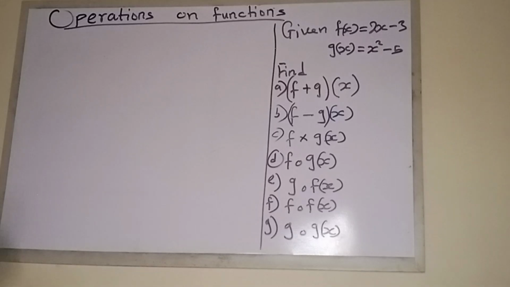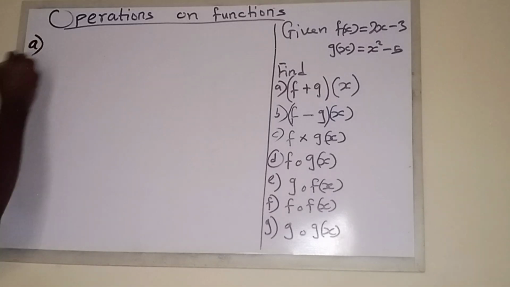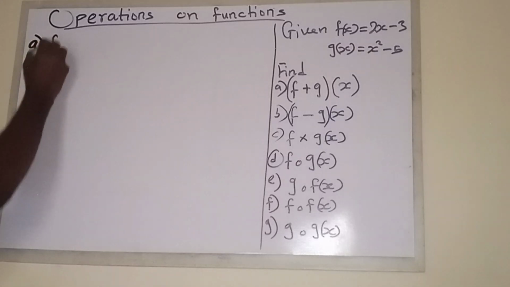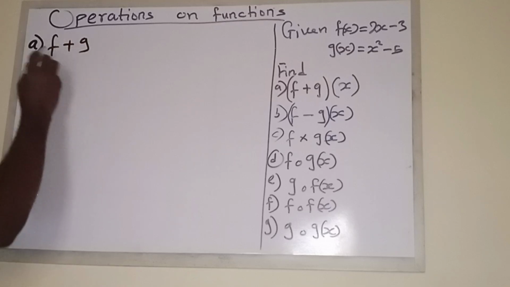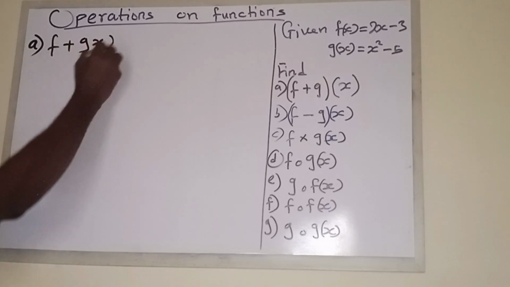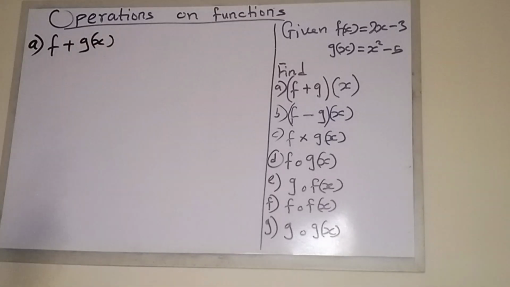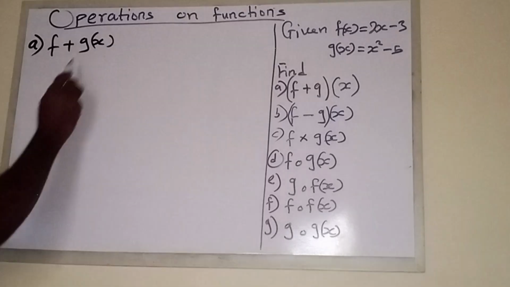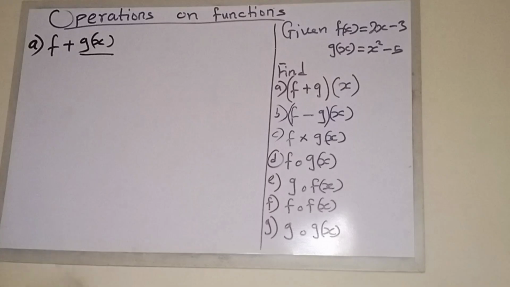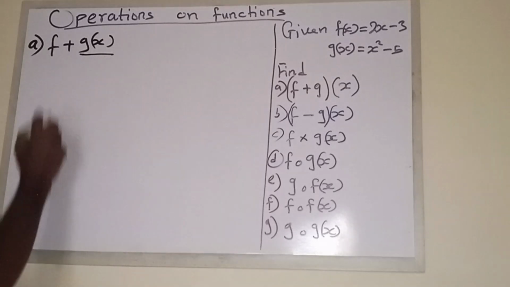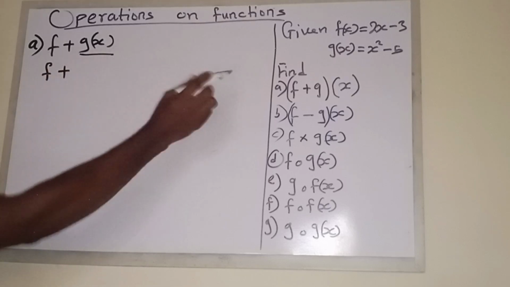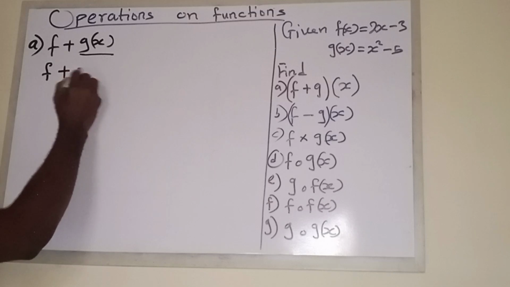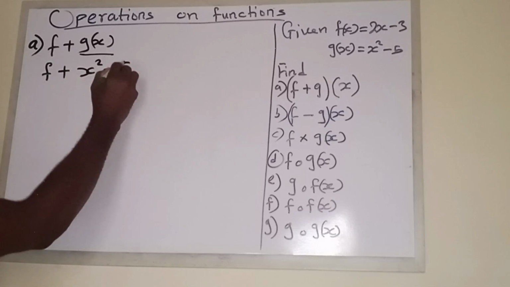Remember, the question says f plus g of x. At this point, don't get confused here. It is just step by step. We have g of x on the board, so f plus g of x is equal to x squared minus 5.